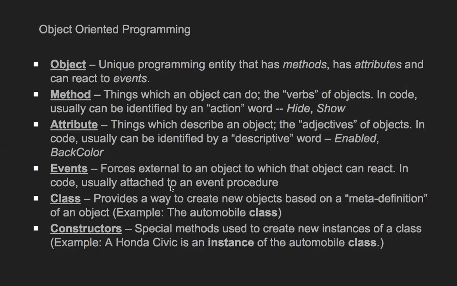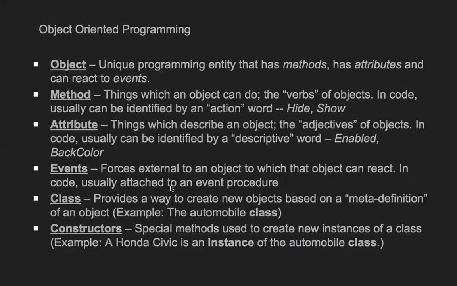So let's take one example of a car. We will assume that a car is an object. What are the methods of the car? Let's take start of the car as a method. Stop of the car is a method. In this, we have attributes such as a keyhole as one, key as one, and the reaction to the events.